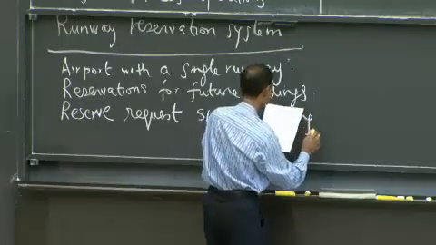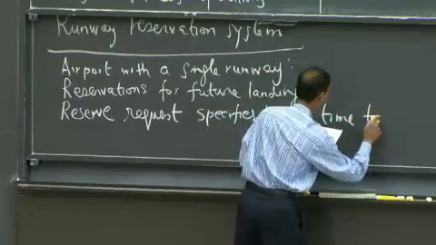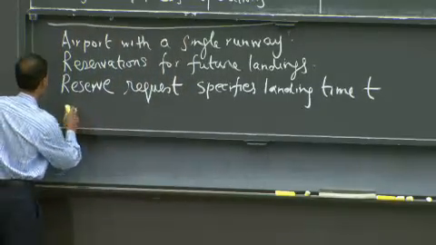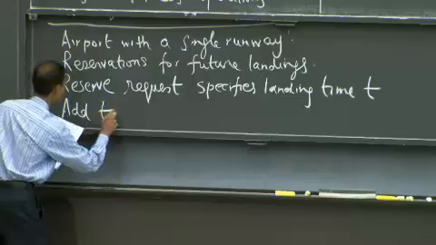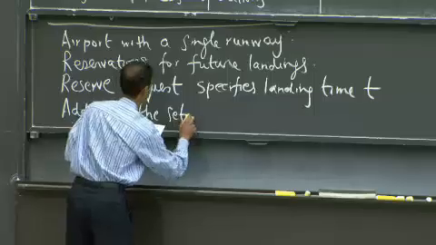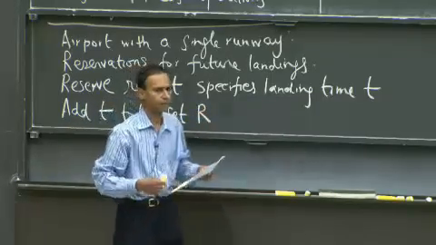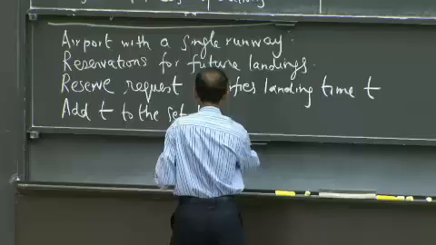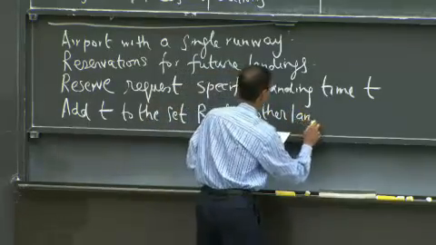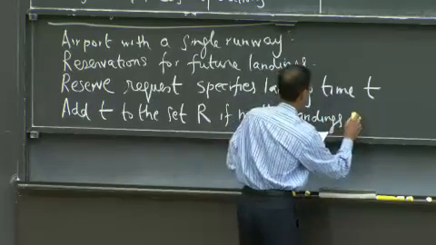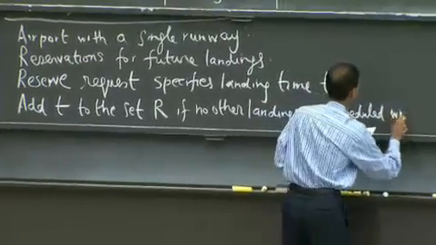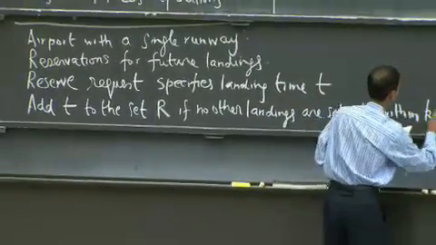Each of them is going to specify a landing time. We call it T. And in particular, we're going to add T to the set R of landing times if no other landings are scheduled within k minutes.